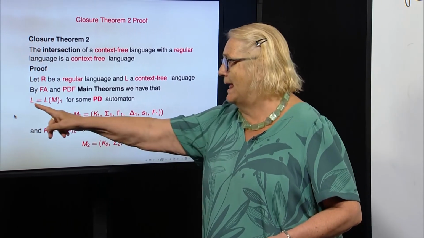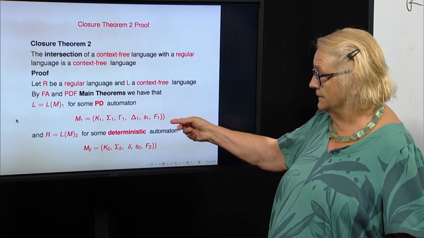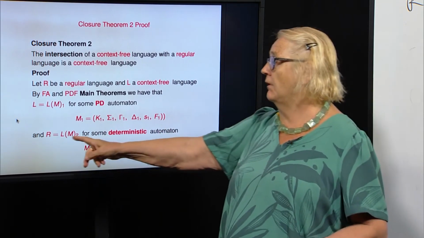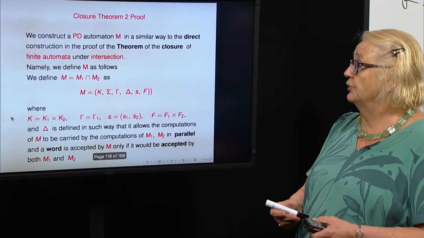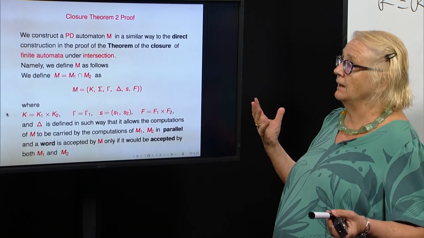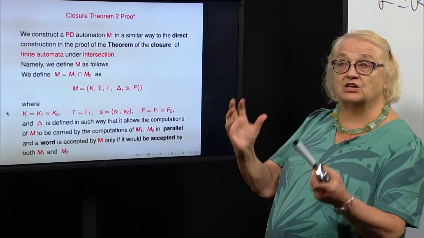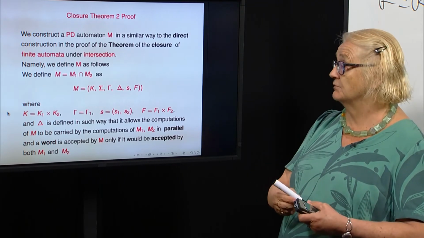For L, you have some pushdown automaton, and for R, you take the deterministic one. And I want to construct the automaton which would be the intersection of those two automata. It means the language would be the intersection of languages.